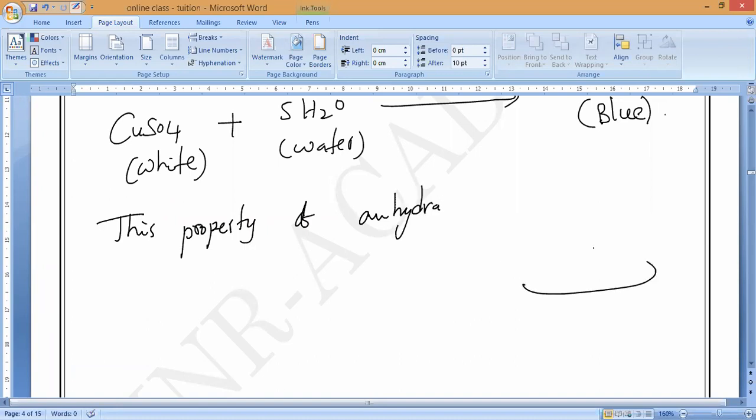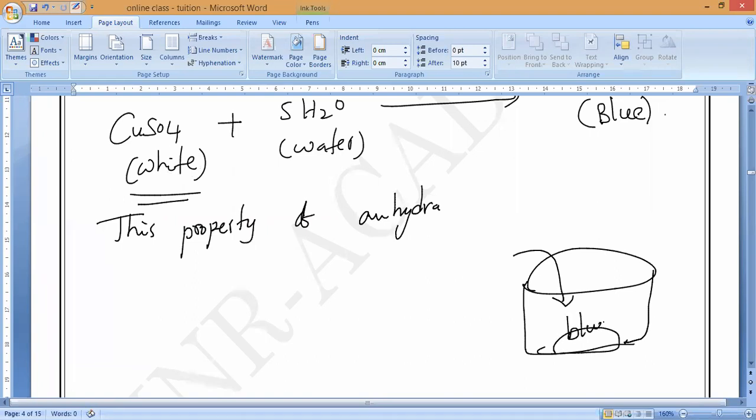Suppose I have some substance and I don't know whether it contains moisture or not. What I will do is add copper sulfate powder. White color, it will turn into which color? Blue color. If it turns blue, then it contains moisture. I can conclude that. Is it yes or no?